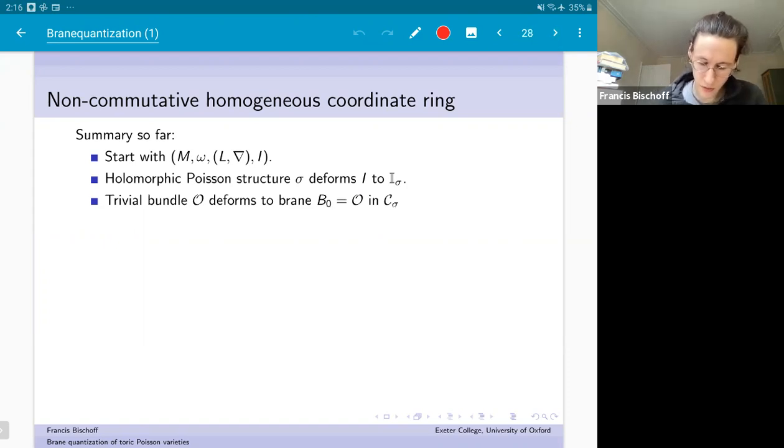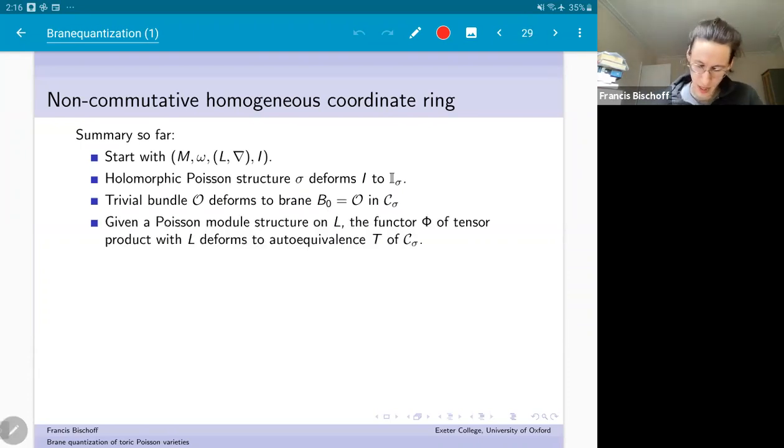The trivial bundle deforms to a brane for this category of boundary conditions. And then given the structure of a Poisson module on L, the functor of tensoring with L deforms to an autoequivalence of the category.